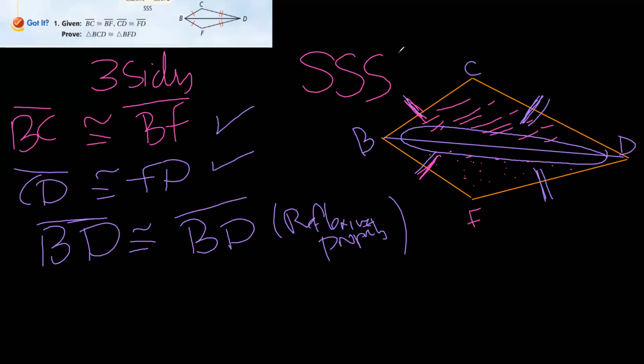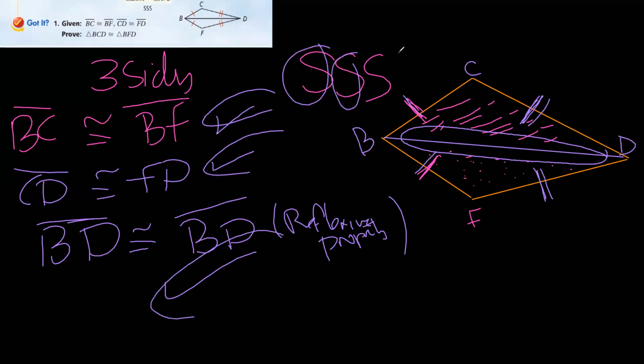So now BD is a reflexive property of congruence. BD is congruent to BD. So I have now proven 3 sides, as I told you, I need 3 sides. Since I proved 3 sides, my postulate SSS can work.